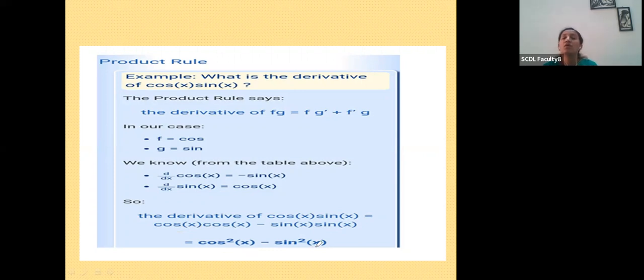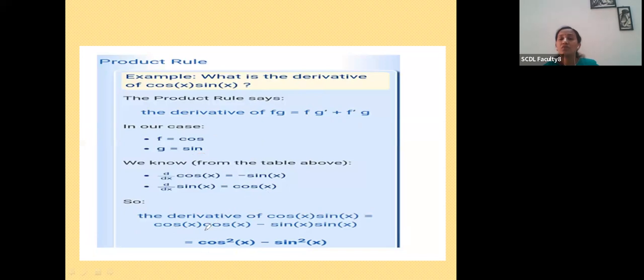So when we use this product rule formula, keep it in mind: the derivative of fg is equal to f g dash plus f dash g. What are we doing here? We keep f constant, that is cos x, and take the derivative of g, which is sin x.